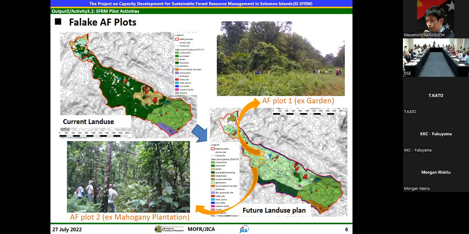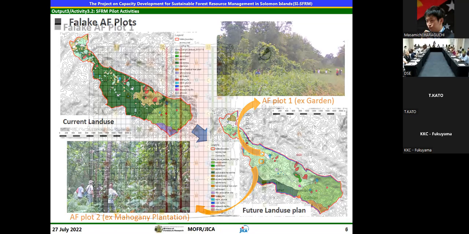And the next plot was previously used as a mahogany plantation. And this is the future land use plan. According to the land use plan, they chose their different sites for agroforestry plots. So they have two different plots.